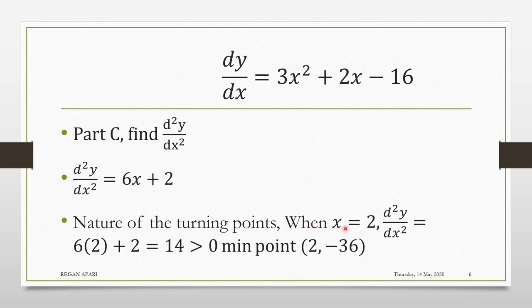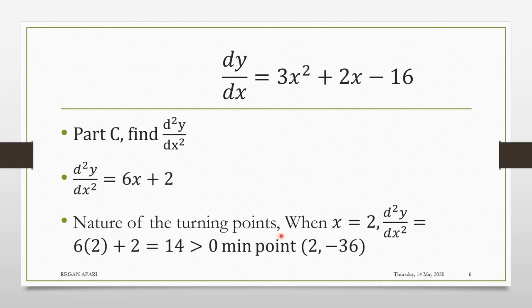So when x equals 2, the second derivative is giving us 14. So 14 is positive, okay? It's positive. So when it is positive, we say that the point is a minimum point, okay? That turning point is minimum. Put this one in mind. Whenever the second derivative is positive, the point in question, that turning point, is minimum, okay?